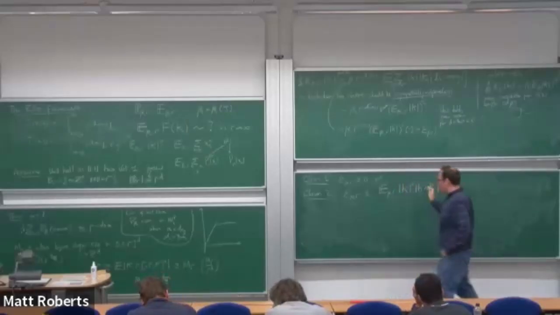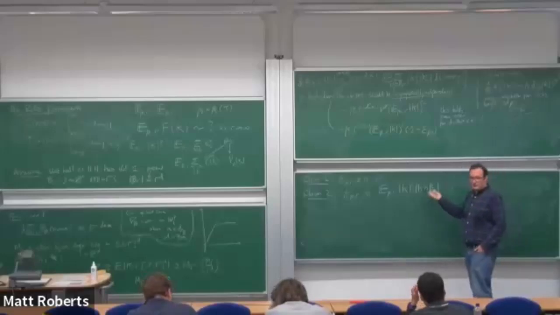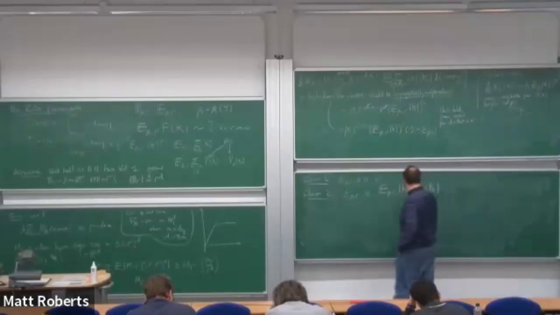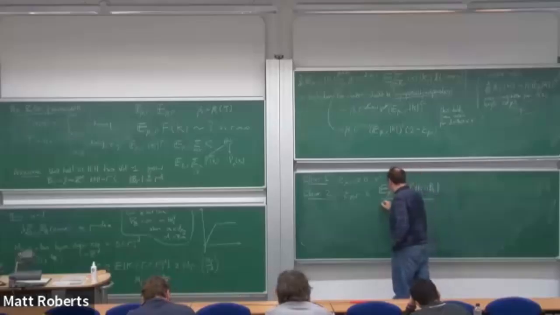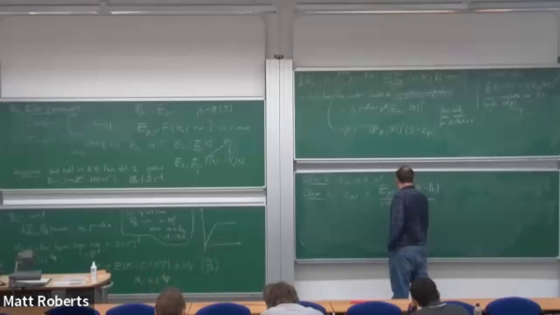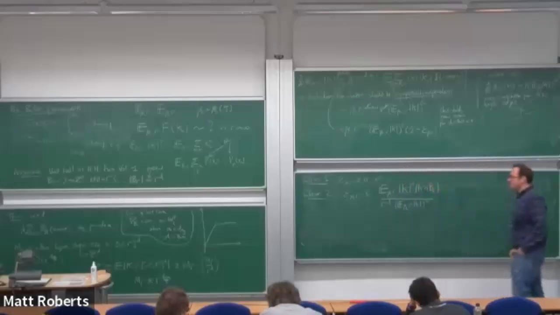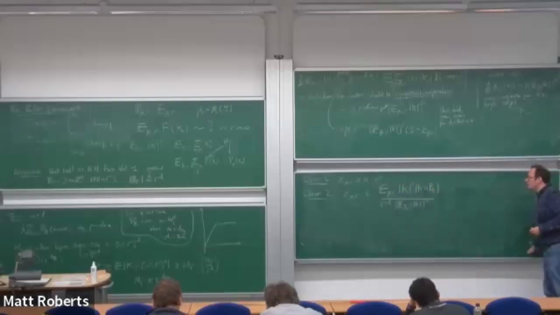So actually, when we apply this, we'll just bound this by the third moment times r to the d times the first moment squared. Why is this true?